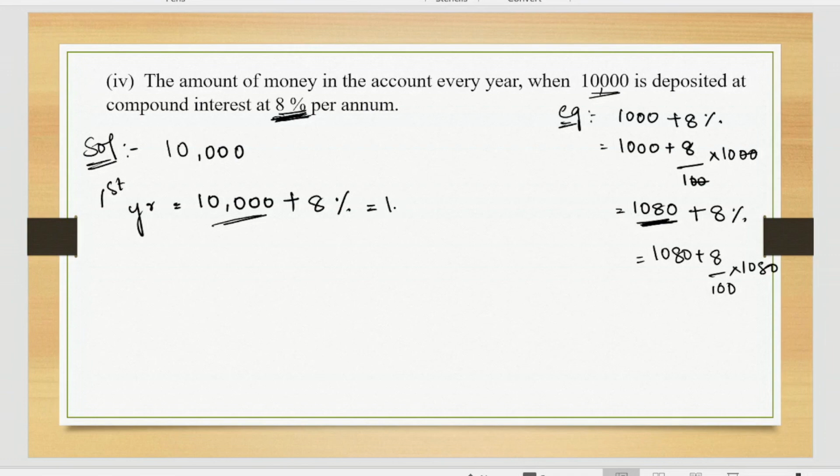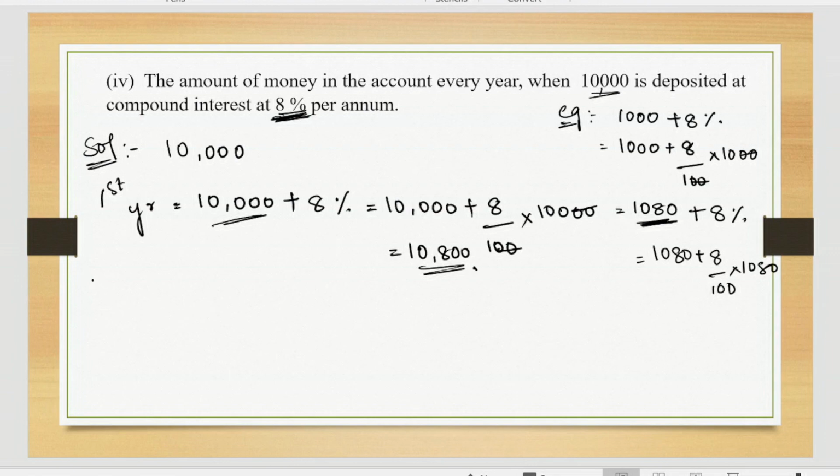So which becomes 10,000 plus 8% interest on the deposited amount, that is 10,000, right? So which is 800. So you are getting 10,800 after the first year.